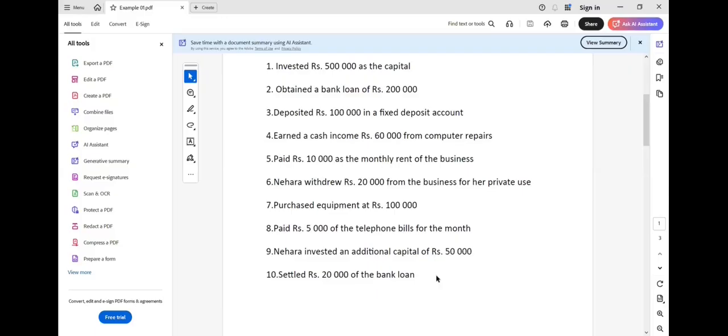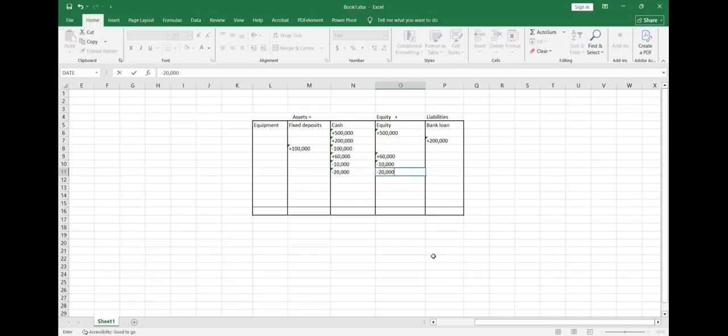The seventh one: purchase equipment at 100,000 rupees. Now here the owner purchased equipment. We are getting new equipment. So the equipment value should be increased by 100,000. To buy this equipment, we should spend cash. So the cash amount should be decreased by 100,000.